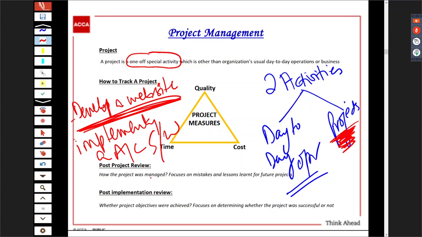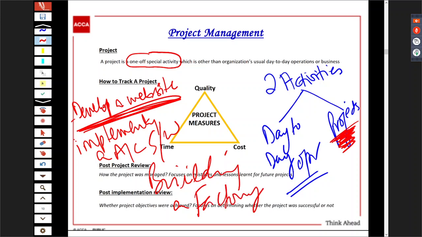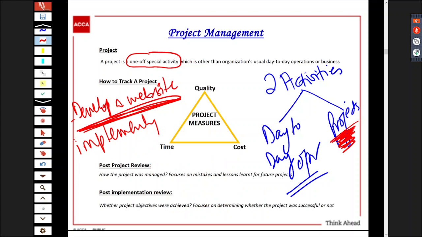Yes. Or building a factory. Correct. Very good. So a project is a one-off activity which is other than your usual day-to-day activity. Okay.